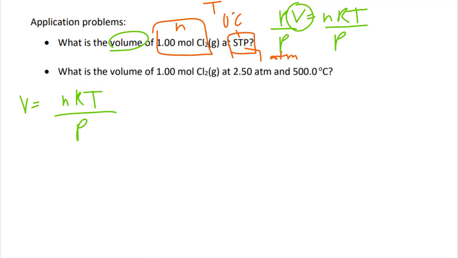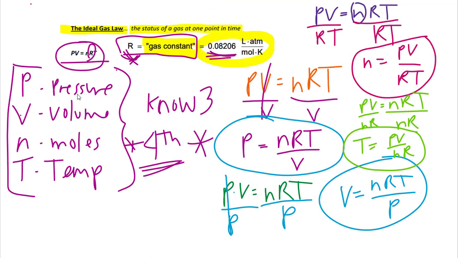Now, one thing I meant to look at back here is my gas constant. Notice my units include liters, so my volume needs to be in liters, because my units have to match. My pressure is in atm, my moles is in moles, and my temperature is in Kelvin.